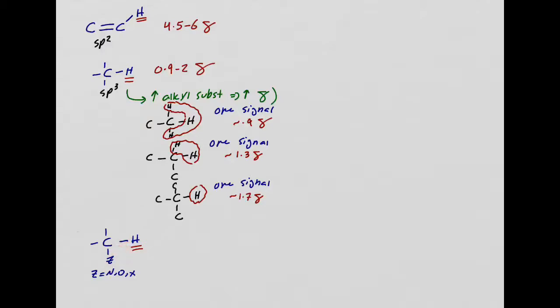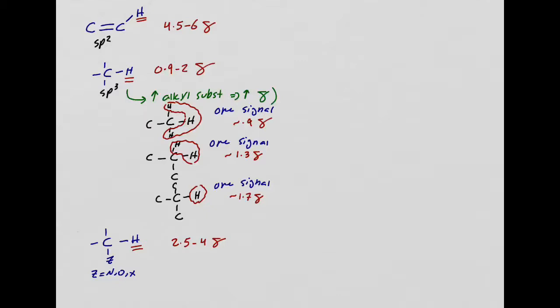If they pull the electron this way, then the hydrogen is not going to have as good of a shield against the magnetic field, so it's going to feel the magnetic field more, and the chemical shift is going to be higher. So far, so good? Okay. So the chemical shift is 2.5 to 4 ppm. So far, so good? Okay.